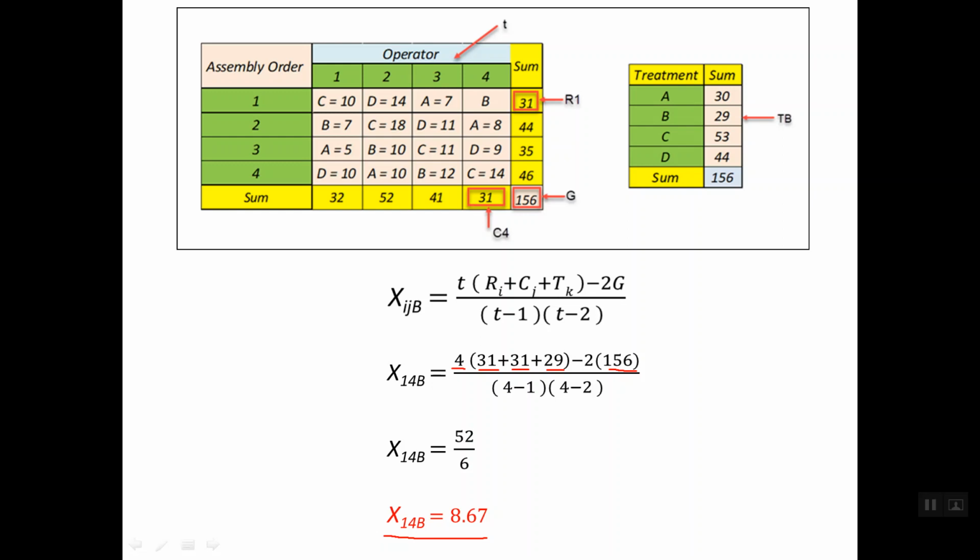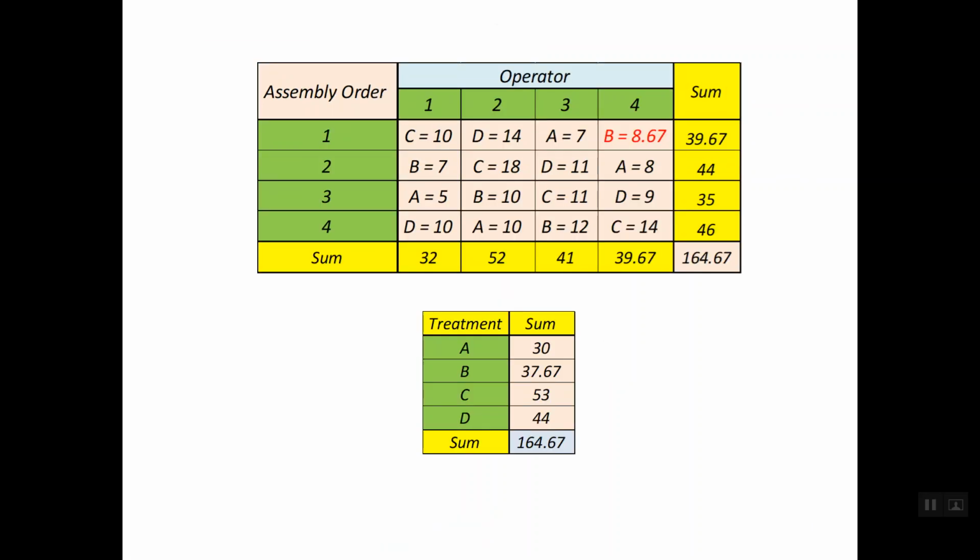So this is the first step in order to get the solution. The second step is to replace this estimated value in the missing cell, same as what we have here, as you see in the table above. This is the missing value or missing unit. We estimate it to be 8.67. Take care that the total of the observations for the first row will now change.